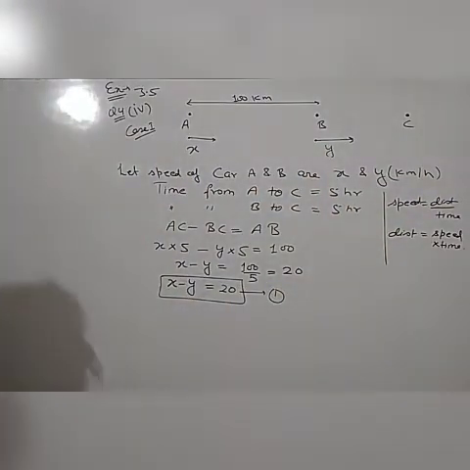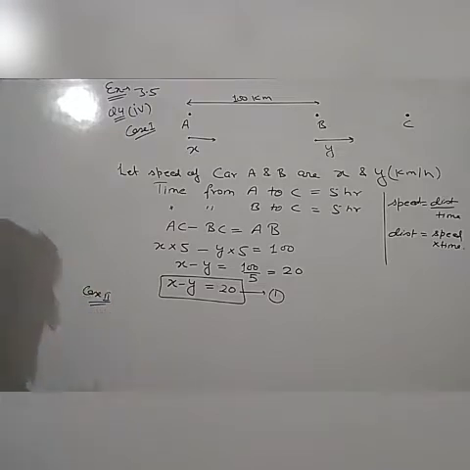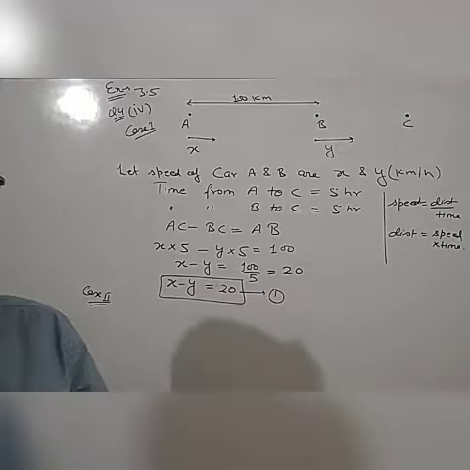So this is our first equation. Now coming to the second point. What is the second point? Case second. Now what is given? If they travel towards each other, they meet in 1 hour.